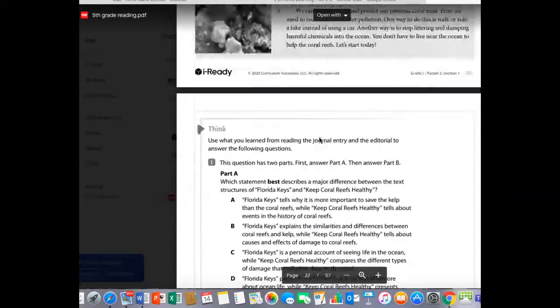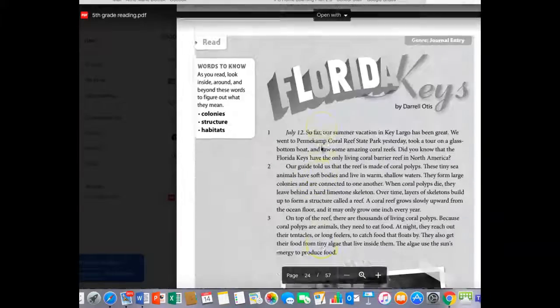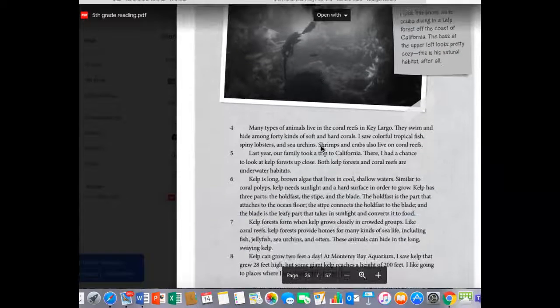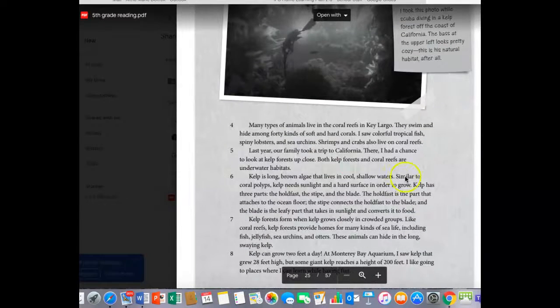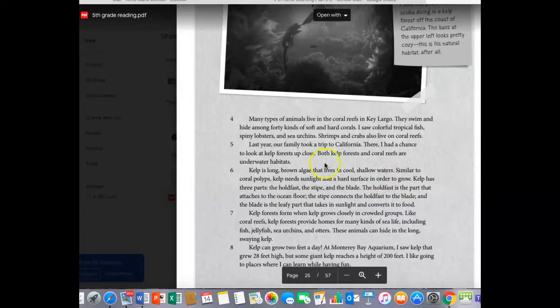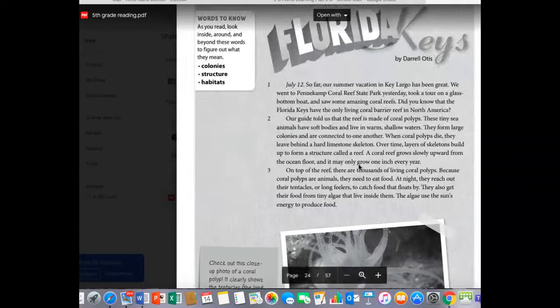We've already talked about how this article, this journal entry, the Florida Keys, was compare and contrast. You can see the word similar, and we did this in the other lesson. Both kelp forests and coral reefs. Do you see those? So this one we already identified as compare and contrast.